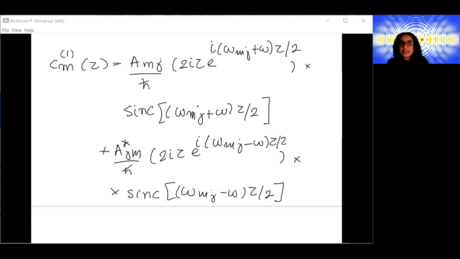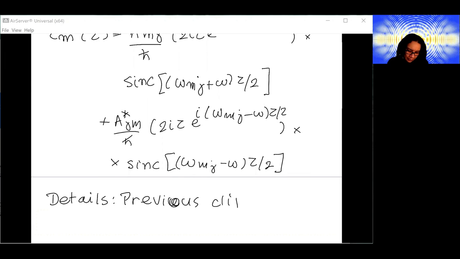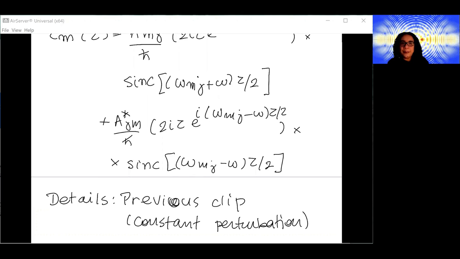I'm not going to do this. We have discussed this in detail for the constant perturbation. So if you want to have a look at the details, see the previous clip on constant perturbation, and you'll be able to see there.